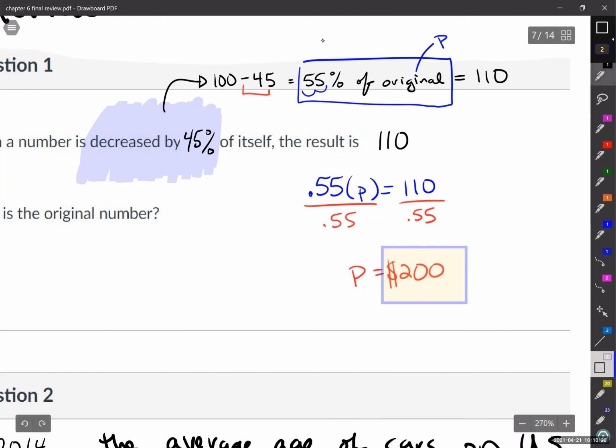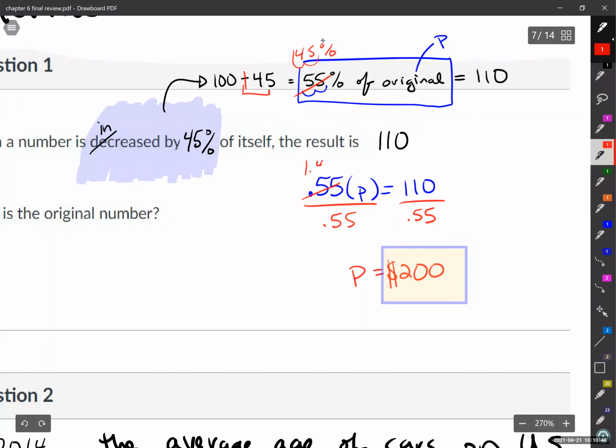How would this problem have changed if we had said increased? Then instead of subtracting 45, you'd add 45. And you'd figure out what is 145% of the original, which you move the decimal place over.